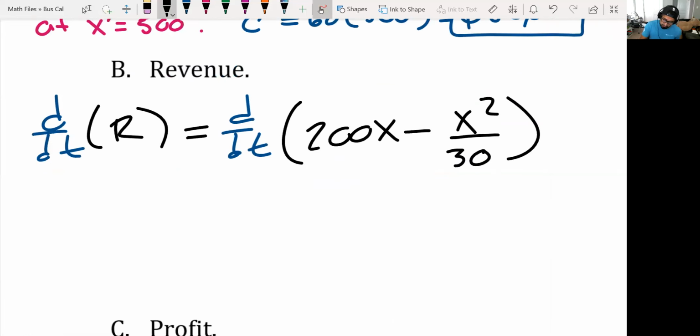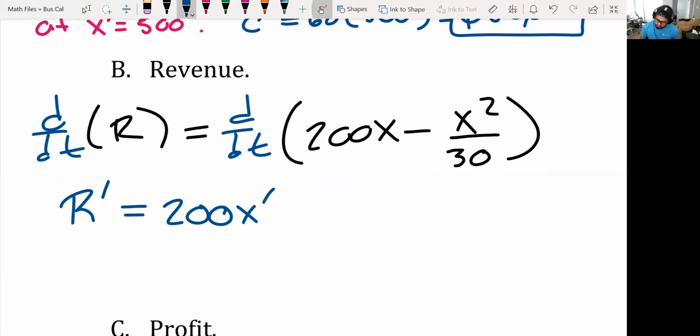Okay, and now the implicit derivative of r with respect to time is r prime, equal to the implicit derivative of 200x with respect to time, which is 200x prime, minus the implicit derivative of x squared with respect to time, which gives me 2x x prime over 30.